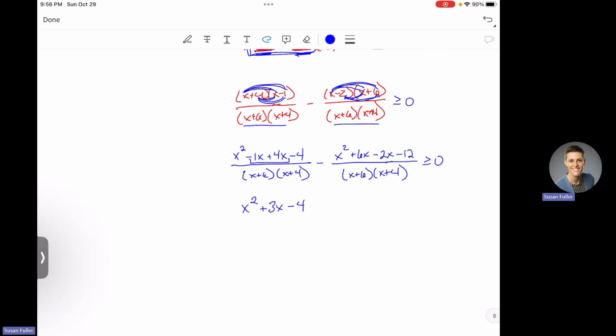I'm going to combine these into one fraction as well. So I'm going to subtract my numerators here too. So this is this first numerator, and I'm going to subtract the second one. And while I do that, I will combine my like terms here. Plus 6x minus 2x is plus 4x. And then minus 12 all over my common denominator of x plus 6 times x plus 4.